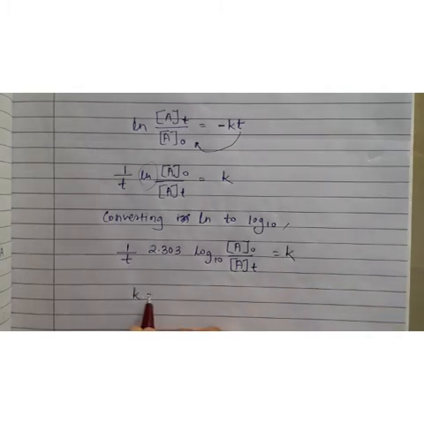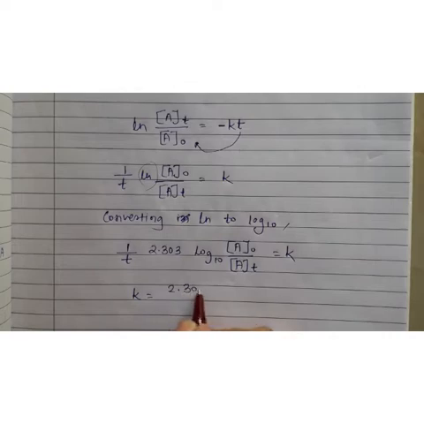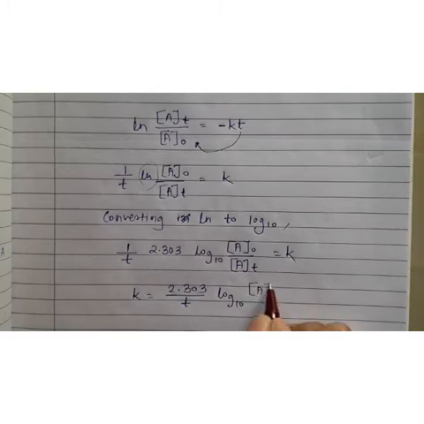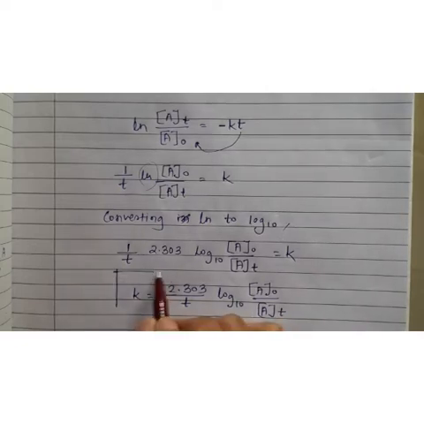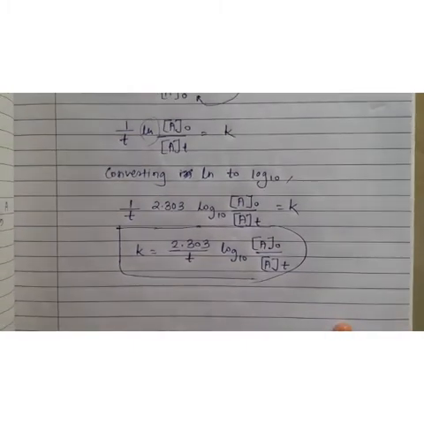So K is equal to 2.303 upon T log to the base 10 A0 upon AT. Understand? And this is our integrated rate law. Understand? This is the integrated rate law.